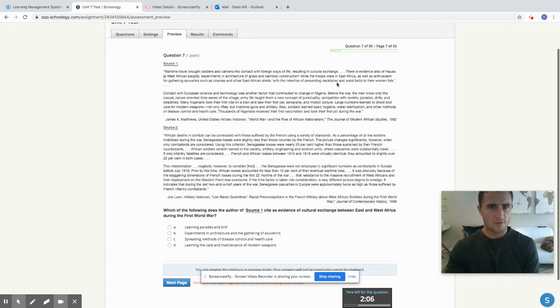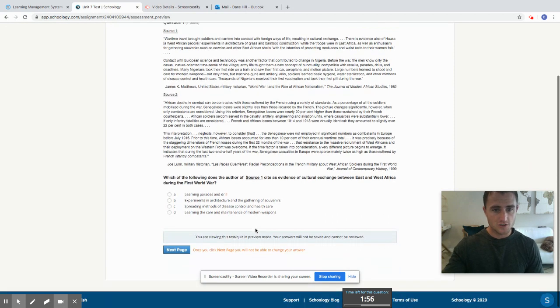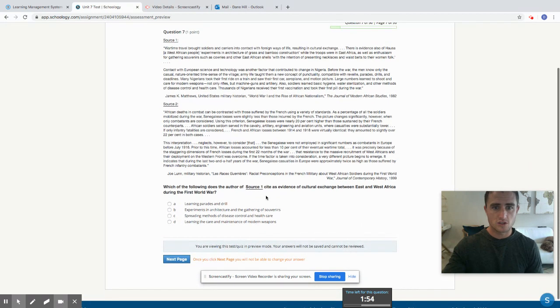Okay, so, very simple. There were experiments in architecture, and then they gathered these shells to present as necklaces. It's only source 1, and that's the evidence of such. So looking around, experiments in architecture and the gathering of souvenirs, yeah, that's the correct answer. It's B right there. Boom.